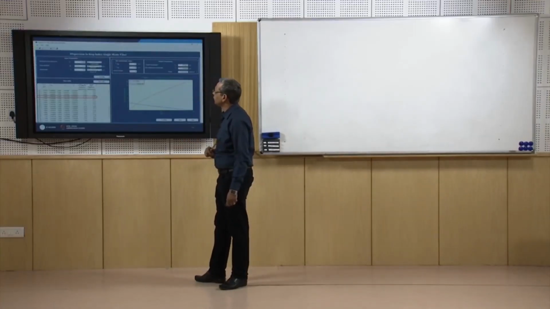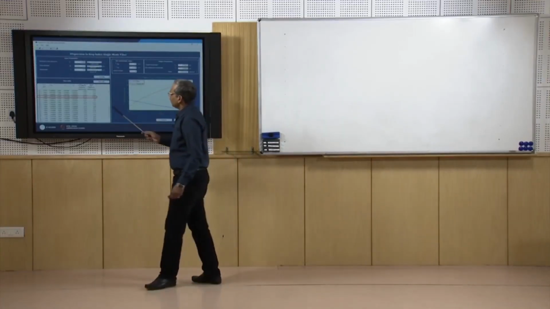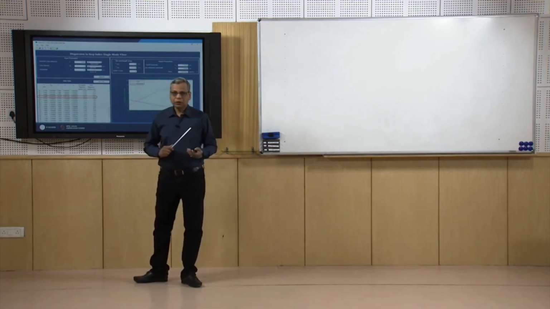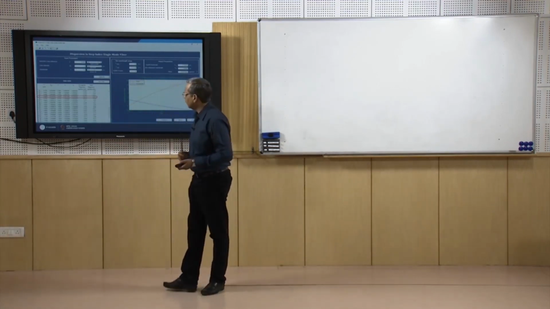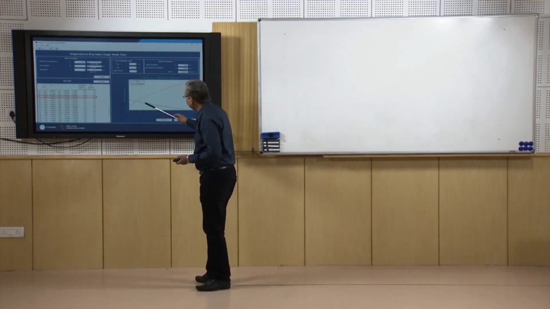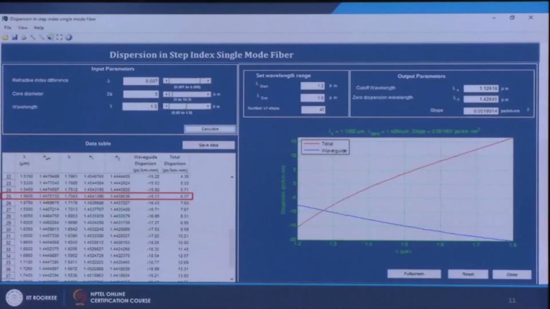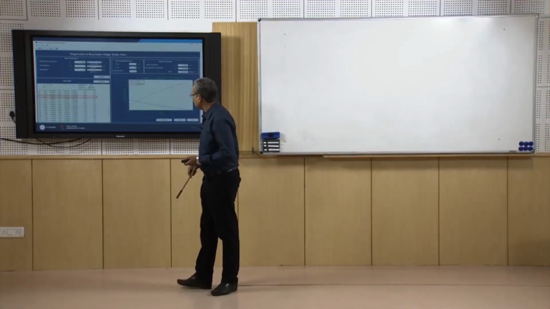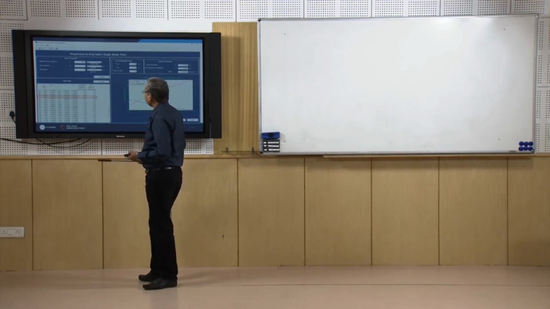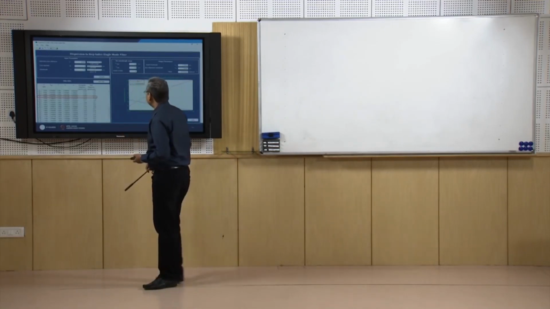If I further increase, I see that if I increase the value of delta, then my waveguide dispersion is changing quite a lot. If I am increasing delta, then the magnitude of waveguide dispersion is increasing, and the total dispersion is decreasing.